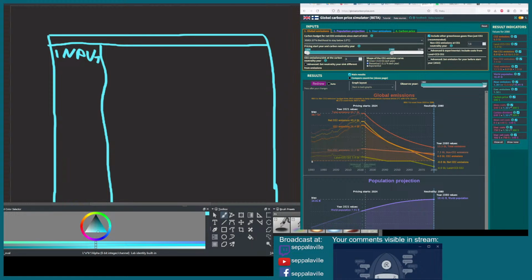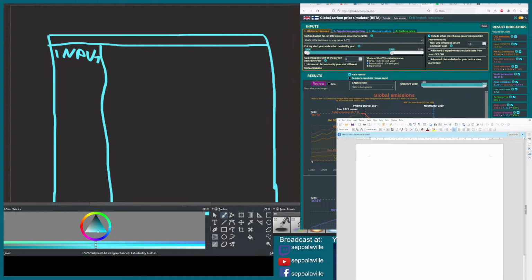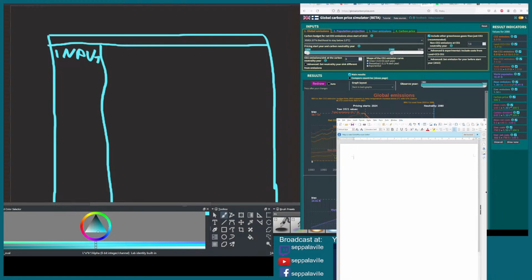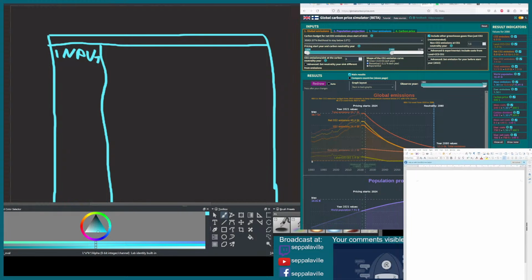So it's a new window capture, I think, existing. Okay, let's make this narrower, and then we're gonna place it somewhere like this.